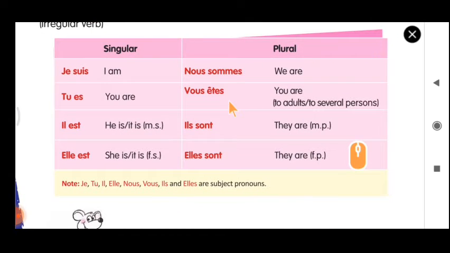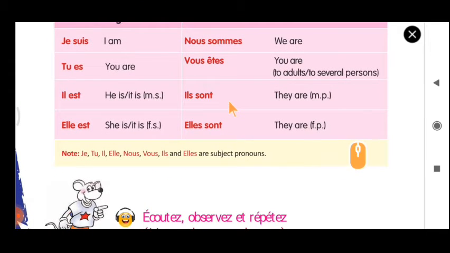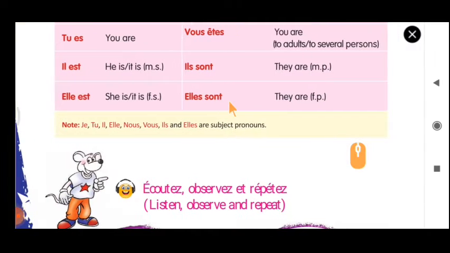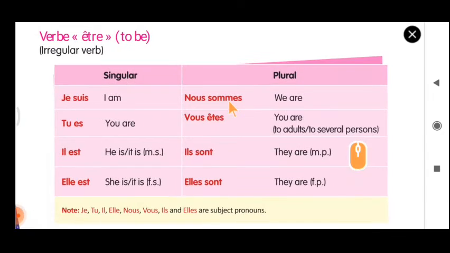Vous êtes. Ils sont. Elles sont. Once again, please repeat along with me. The more you repeat, the more perfectly you can learn it.